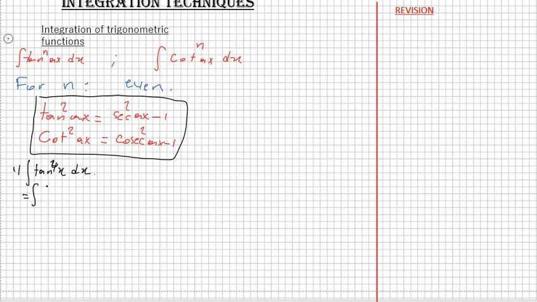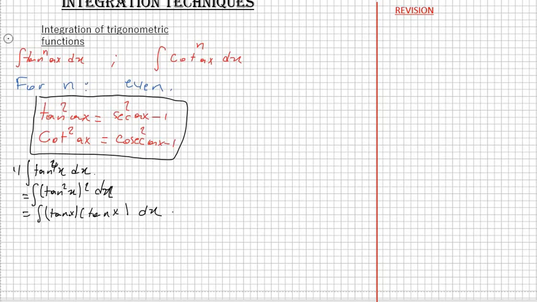So what I'm gonna do here is I'll just say tan to the power of 2, and everything to the power of 2, dx. So that is the same as tan x to the power of 4. I can also write it as tan x multiplied by tan x and then have dx.